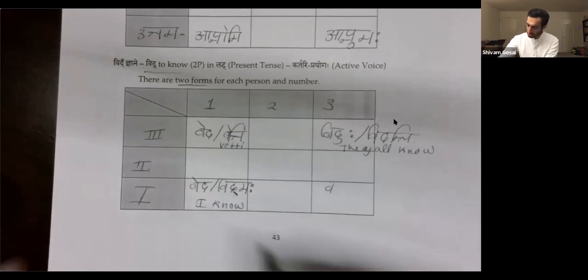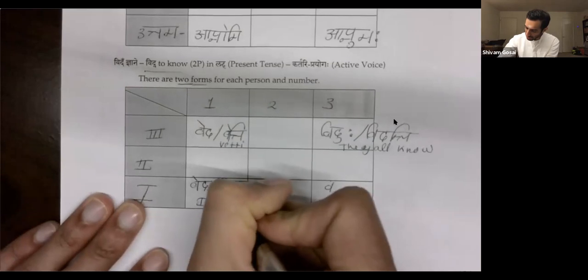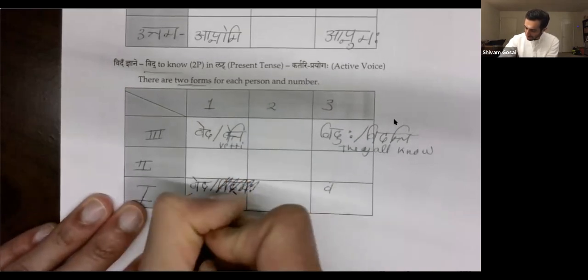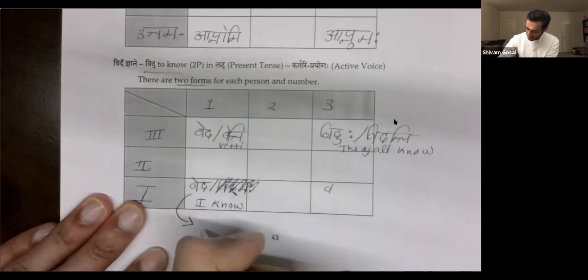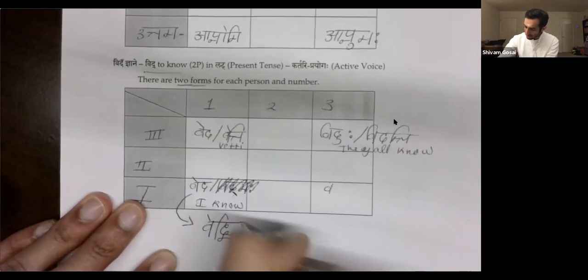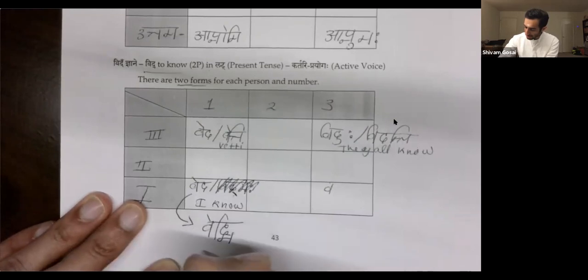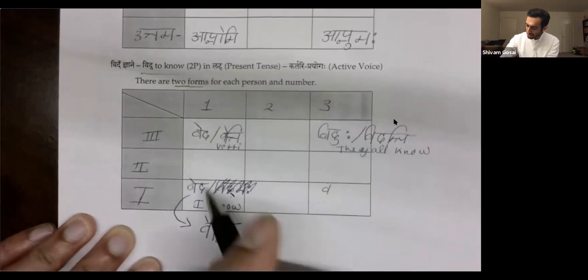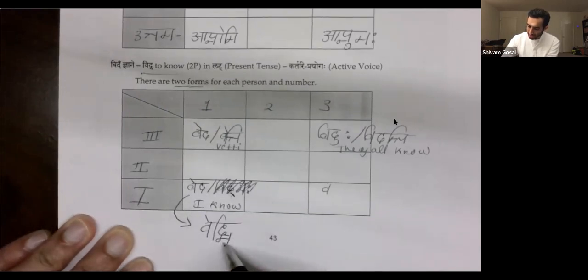I was remembering the wrong form. So let's cross this one out. Veda or Vedmi. Again, you can write it like this. So Veda or Vedmi, I know.